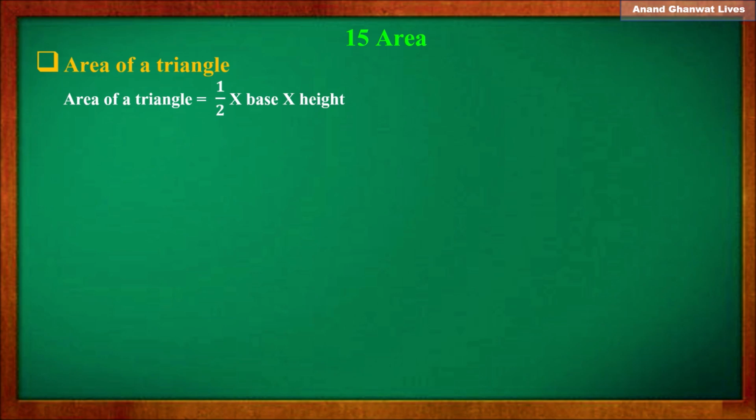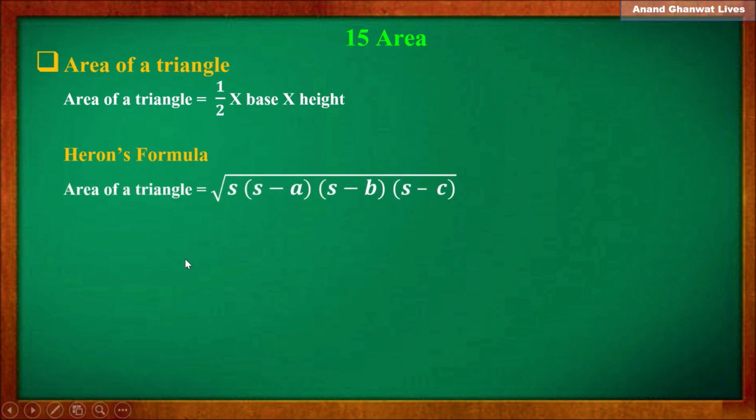Okay, so another formula of area of triangle is called Heron's formula, and it is: area of triangle equal to square root of s into s minus a into s minus b into s minus c. Now what is s here? So diagram of triangle PQR. Now its three sides respectively a, b and c. So a, b, c are the three sides of a triangle.